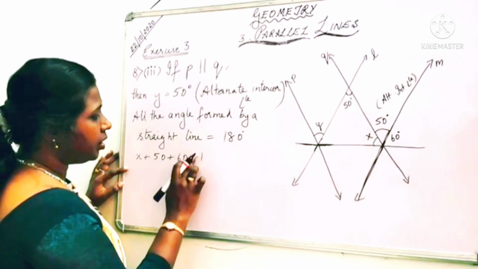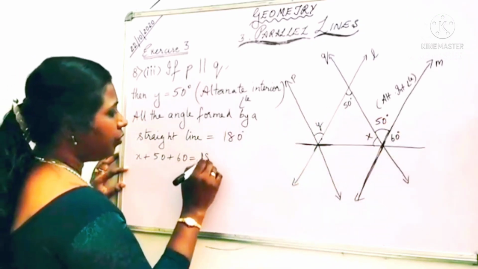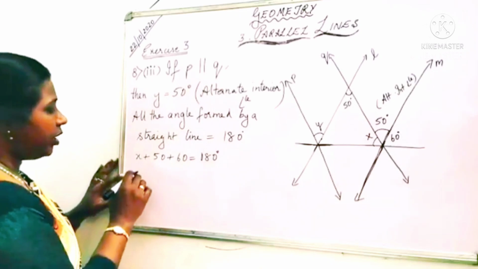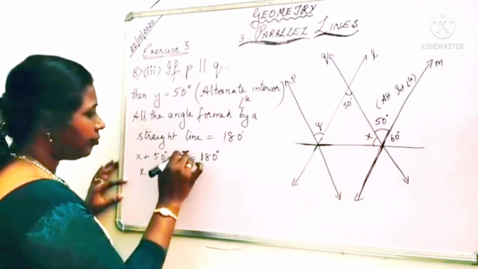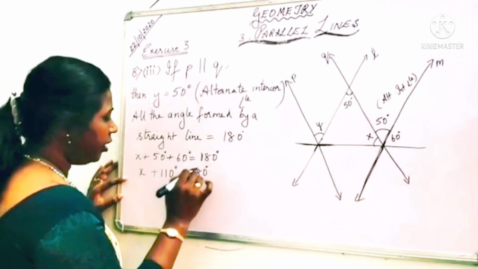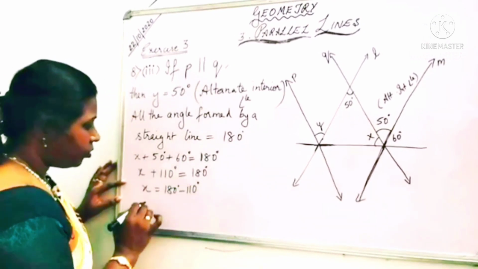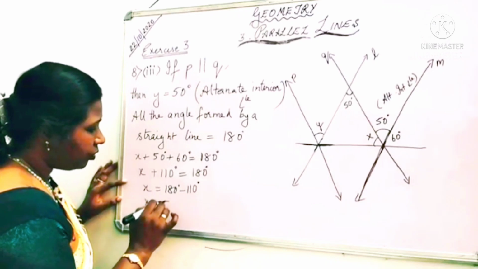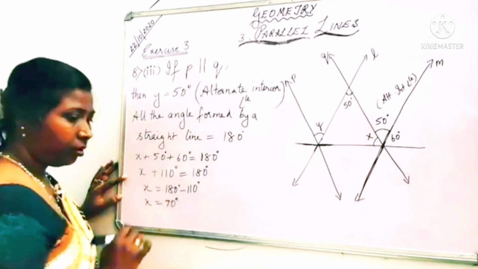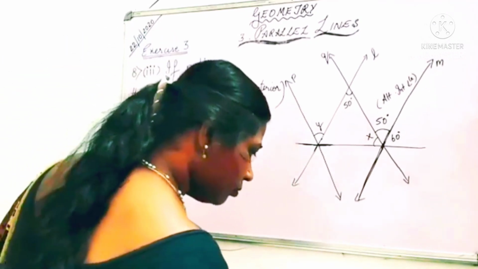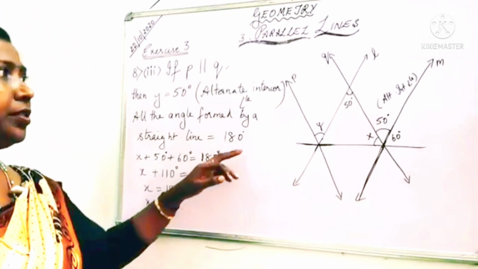Three angles are there, x plus 50 plus 60 degree is equal to 180 degree. So x plus 110 degree is equal to 180 degree. X is equal to 180 degree minus 110 degree, so that will be equal to 70 degree. Okay, is that clear? Yes, understood?